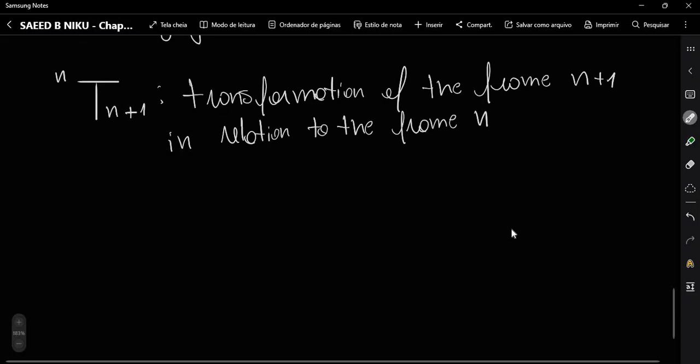And we can say that it is the same as A n plus 1.